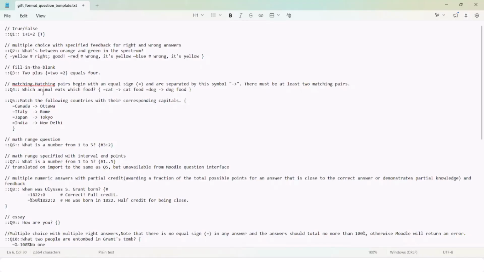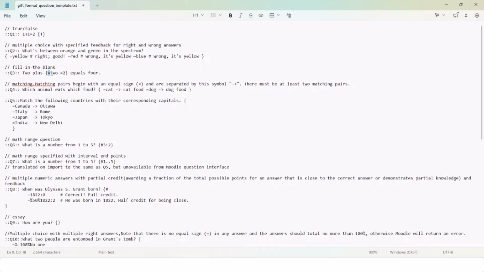Now, let's look at another question type, which is filling in the blanks. It follows the same convention. Here we have the question title, then the question text, then the answer: 2 plus dash equals 4. This will be a fill in the blank question. For these short answer questions, remember both answers are correct, as they are the two variants that are correct.